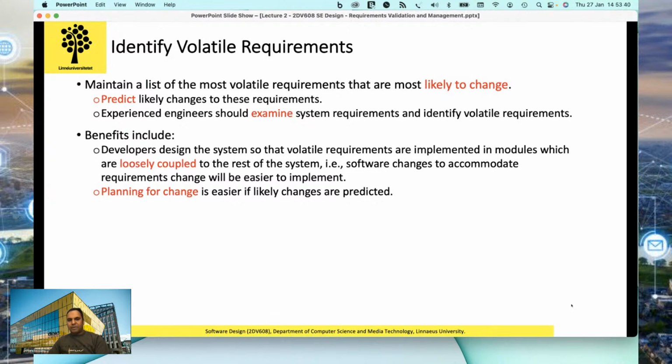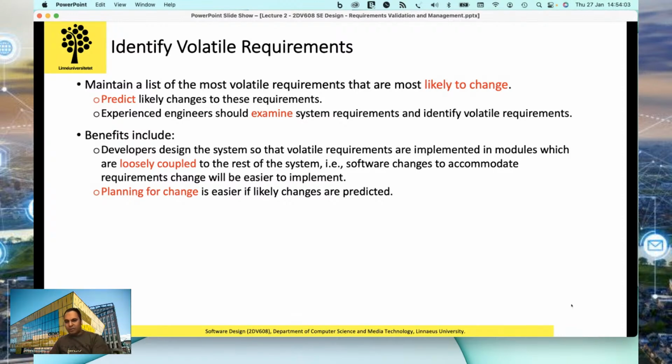Benefits include, for example, you can plan your change efficiently, or define your change request policy or requirements management policy accordingly: what you will do with those highly changing requirements.